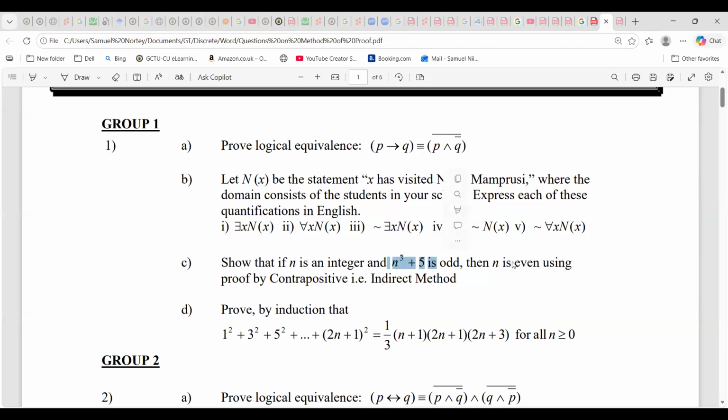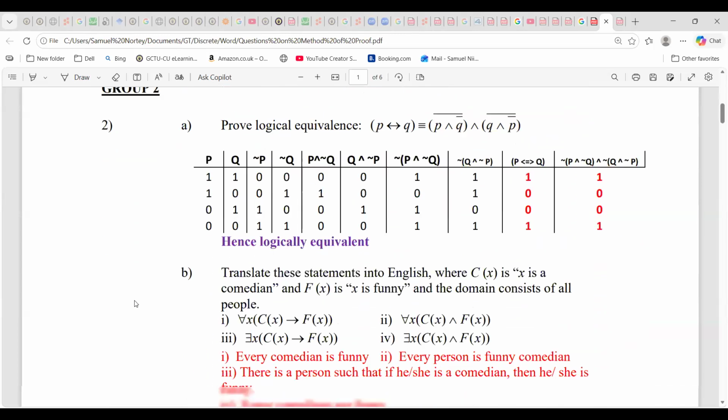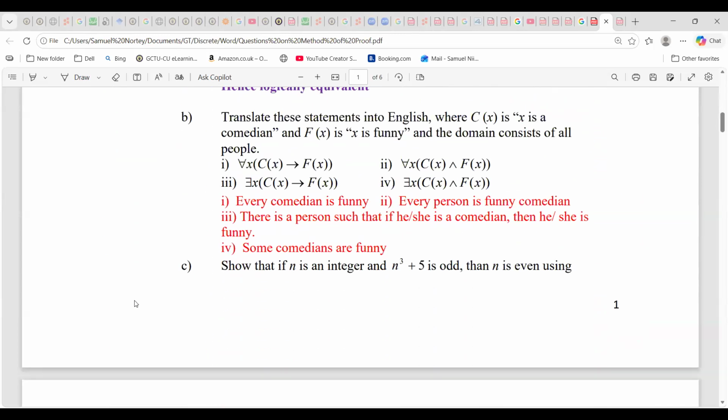So you can use any method to solve a problem, even if we specify, and you know how to rearrange the question, which one will be your beginning, which one will be your end, and then you follow through with it. Okay, there are some questions, you see, they will not even tell you which method to use.